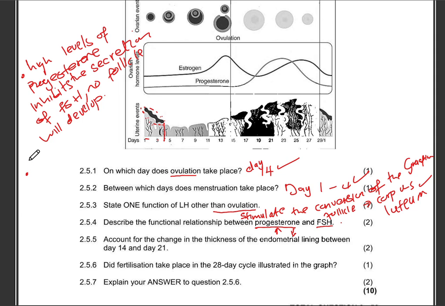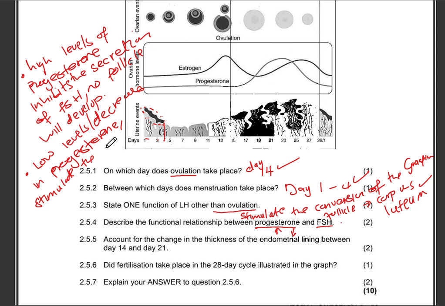Or you can answer it also in the opposite: a decrease, meaning low levels, in progesterone levels is going to stimulate the secretion of FSH. So if FSH is secreted, obviously a new follicle will develop.